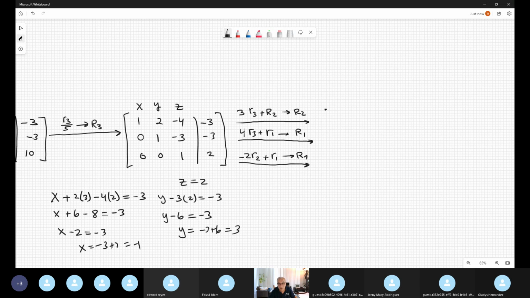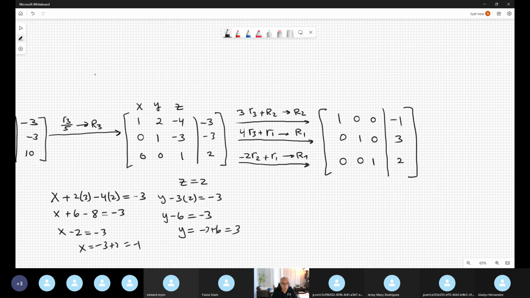And magically, when you apply this row operation, you are doing step by step, one by one, in either order, you get this answer: 1 0 0, 0 1 0, 0 0 1. In the right hand side, we have negative 1, 3, and 2. Wow!